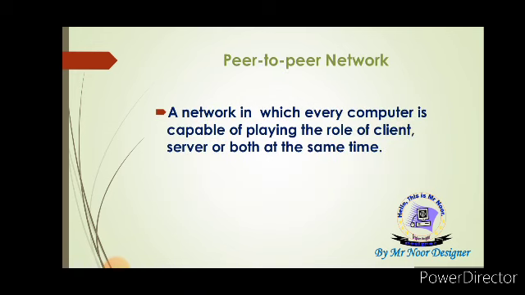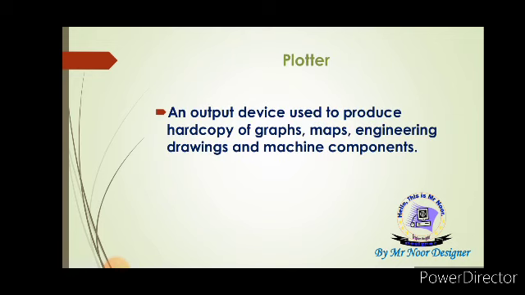Peer-to-peer network, a network in which every computer is capable of playing the role of client, server, or both at the same time. Plotter, an output device used to produce hard copy of graphs, maps, engineering drawings, and machine components.